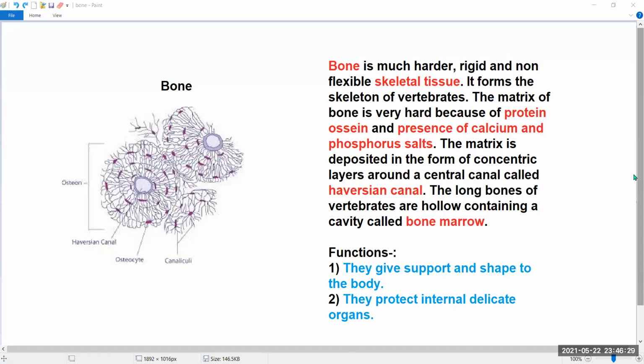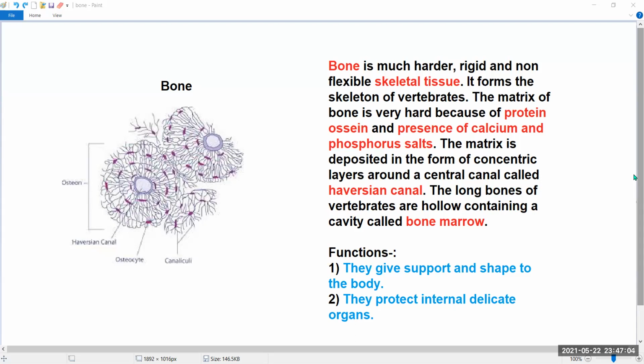Now, bone is another supportive tissue, but it is much harder, rigid, and non-flexible skeletal tissue. It forms the skeleton of vertebrates. The matrix of bone is very hard because of the protein ossein and the presence of calcium and phosphorus salts.